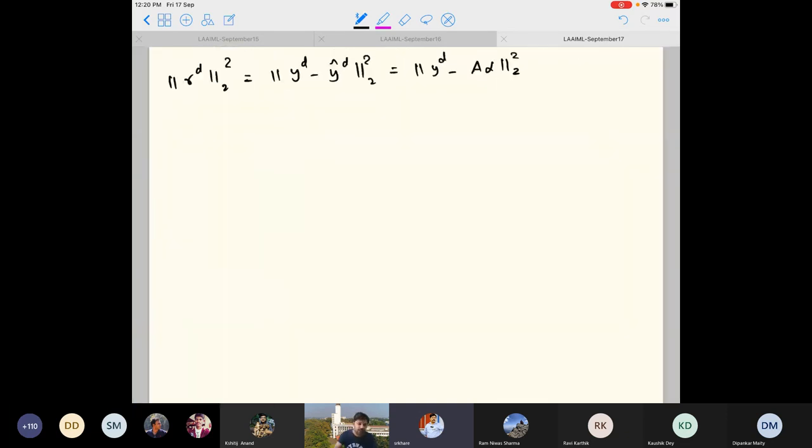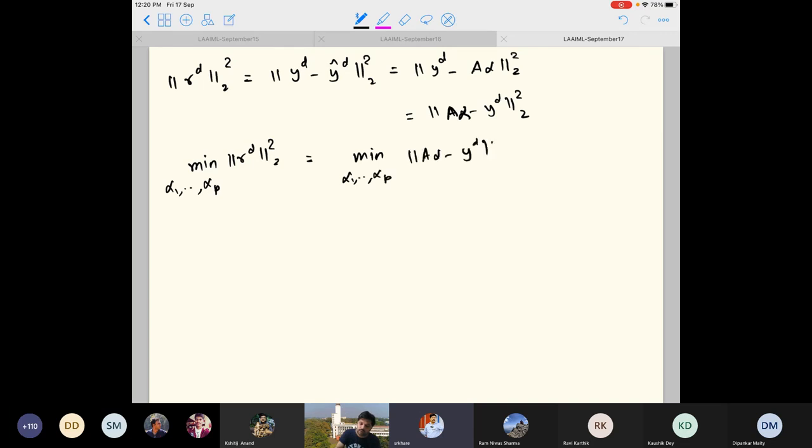This is basically the same as A alpha minus yd, right? And what do we want to do? We want to minimize this residual sum of squares with respect to alpha 1 up to alpha p, which is the same as minimizing the norm of A alpha minus yd whole squared. And this is the least squares problem that we had just seen.